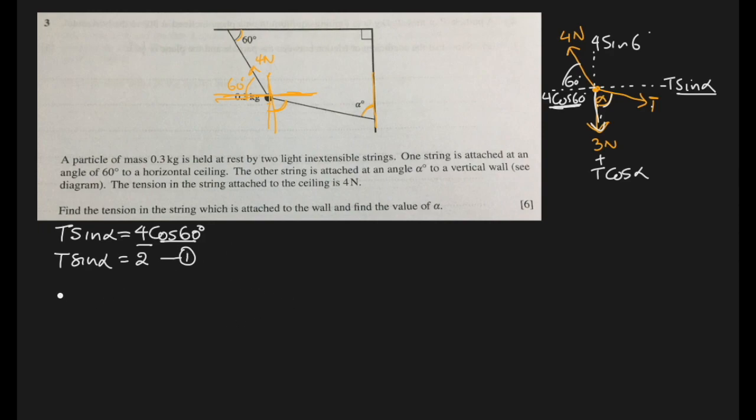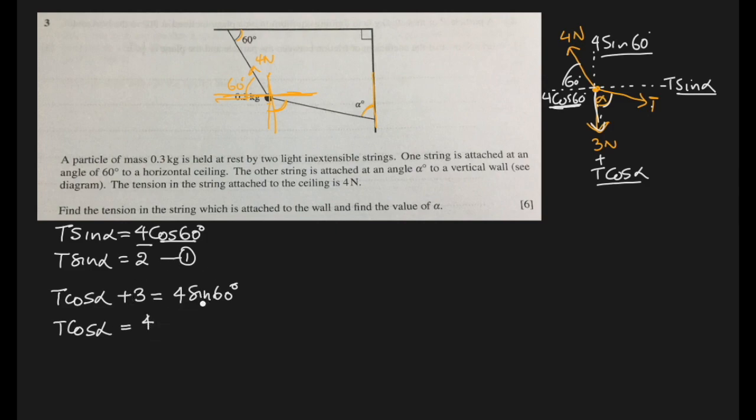Let's talk about equation number 2, where we will compare the vertical forces. So 4 sin 60 and this T cos alpha, which is downwards, plus 3 Newton, which is also downwards, will be equal to 4 sin 60. Let's keep T cos alpha here and bring 3 there.